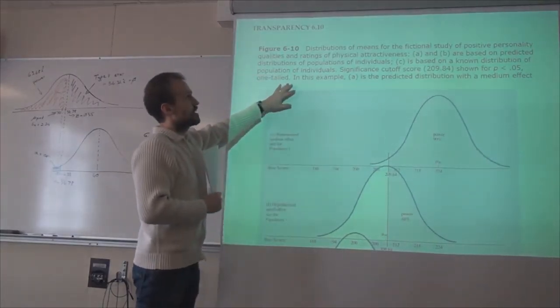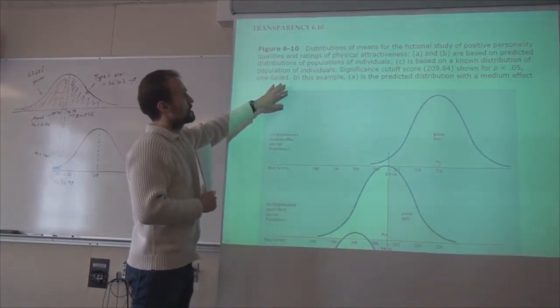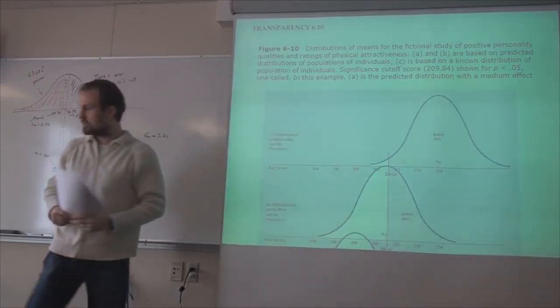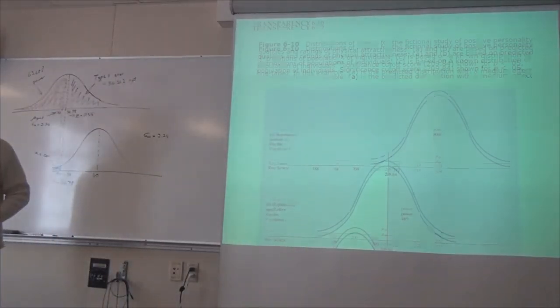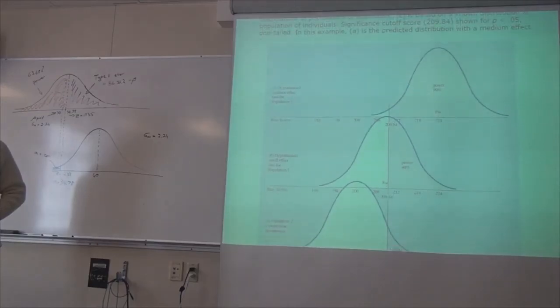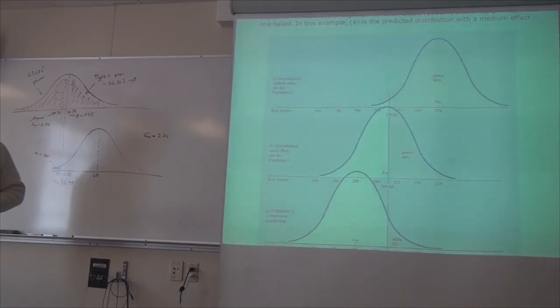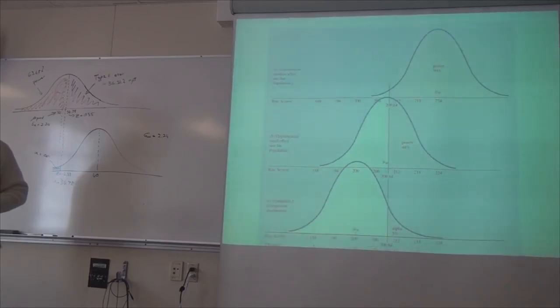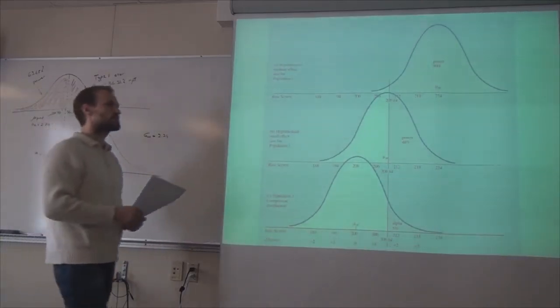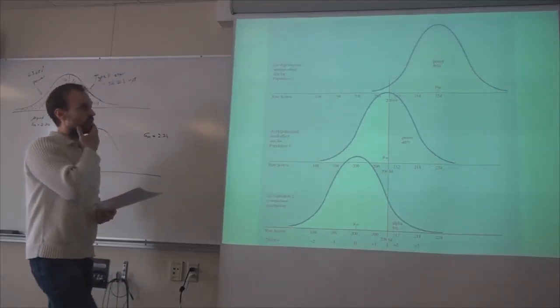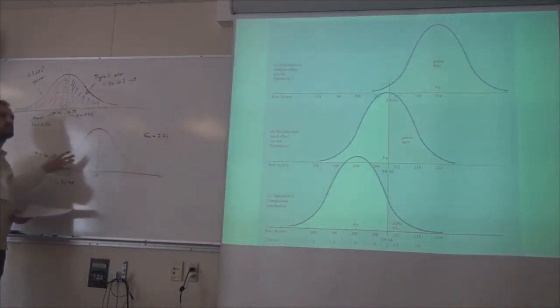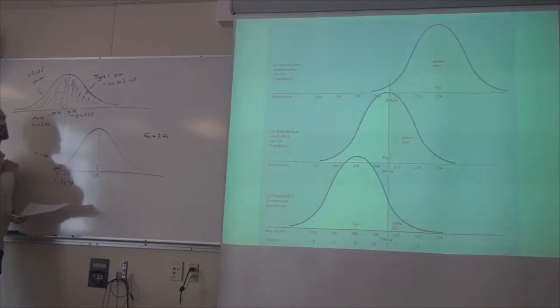In this example, A is the predicted distribution with a median effect size. This is the same as effect size. And my sample size was, I want to say 64. Was it 64? I think so. 64 sample size. Now, what is going to happen to this distribution if I increase the sample size?